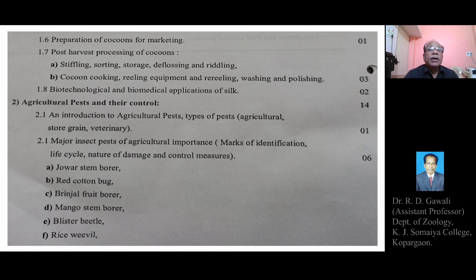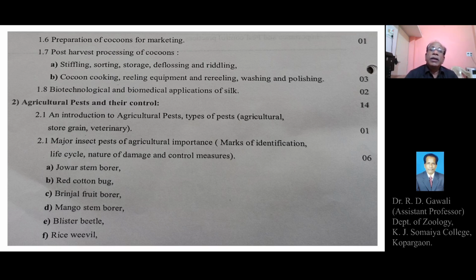Then reeling equipments, re-reeling, washing and polishing. These are the several steps followed by cocoon cooking. After cooking, the silk thread can be unwound and reeled by using a reeling machine in the form of small bundles or bales, skeins. So these are the raw silk components in the form of bales, bundles, skeins.